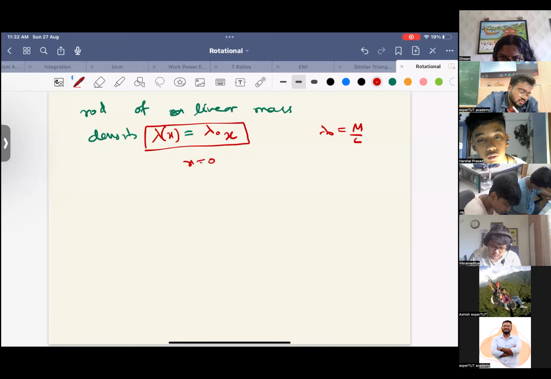At x equal to 0, lambda is 0. At x equal to L, lambda is equal to lambda naught L.